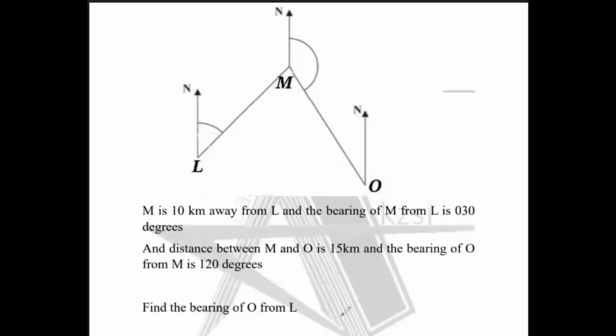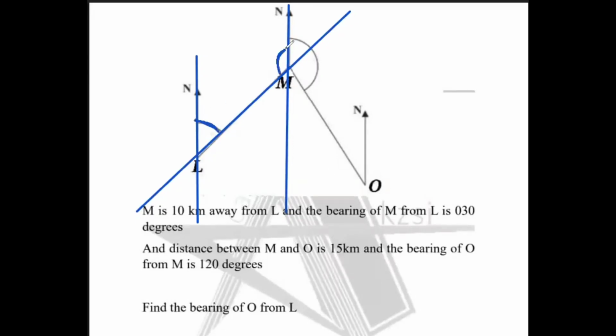What two lines am I talking about? This line and this line, and this is a transversal. These two angles are interior angles and they add up to 180 degrees. So if this is 30 degrees, this will be 180 minus 30, which is 150 degrees. So we can clearly know that this angle is 150 degrees.